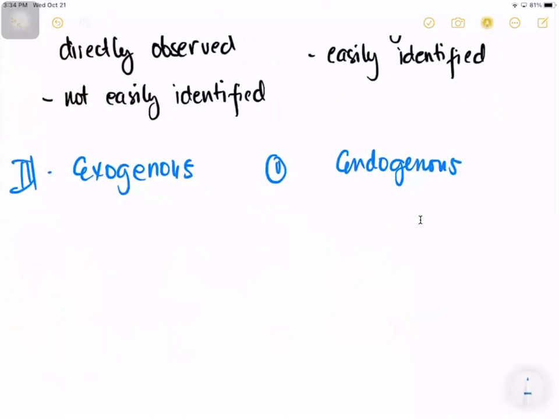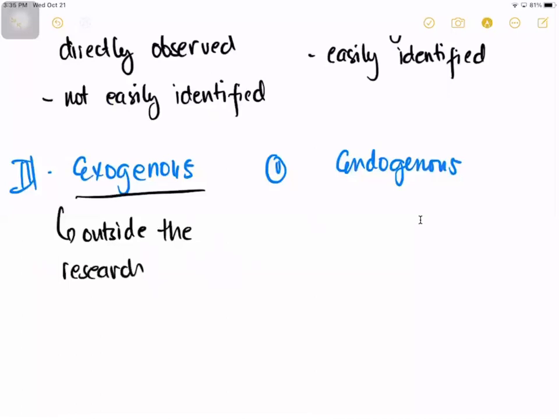When we say exogenous variables, these are identified outside the research model, while your endogenous variables are determined inside the research model.